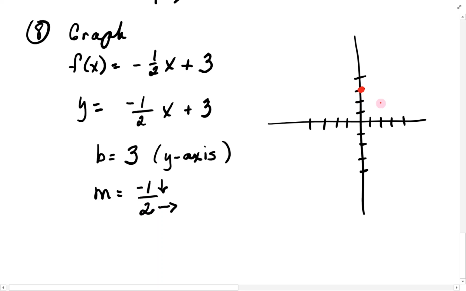Down 1, right 2. There we go. In my MathLab, a line will, that is not drawn well at all. All right, down 1 and right 2 should be there. I think I went down 2 and right 2. All right, down 1, right 2 should be there.